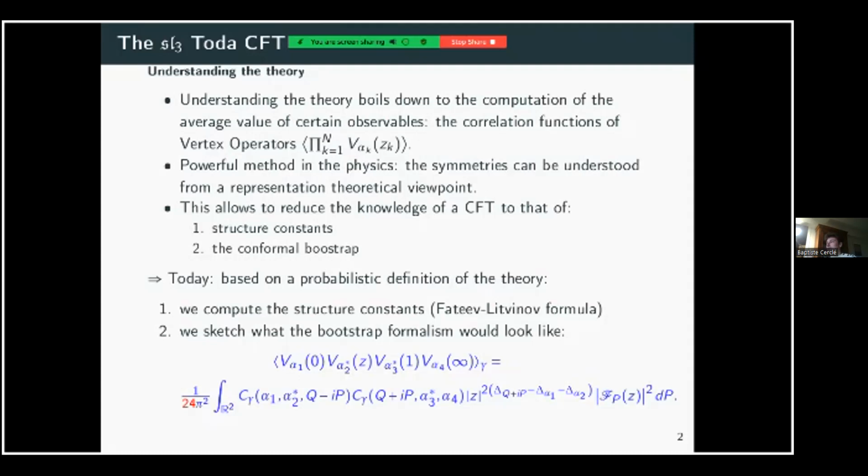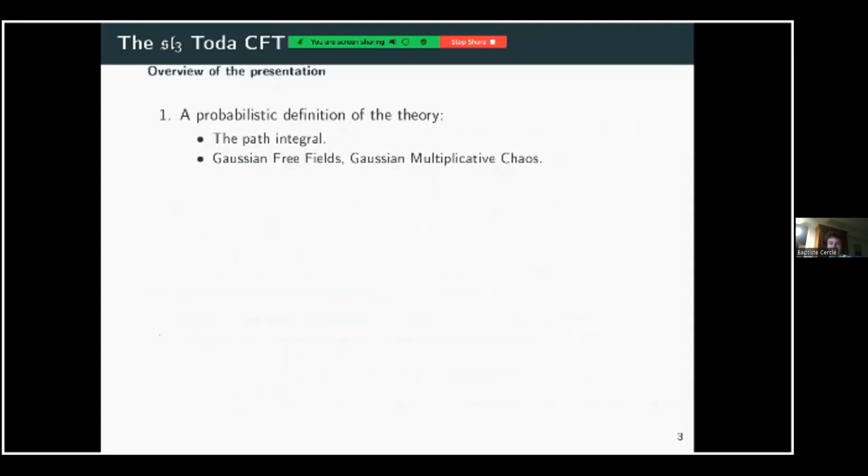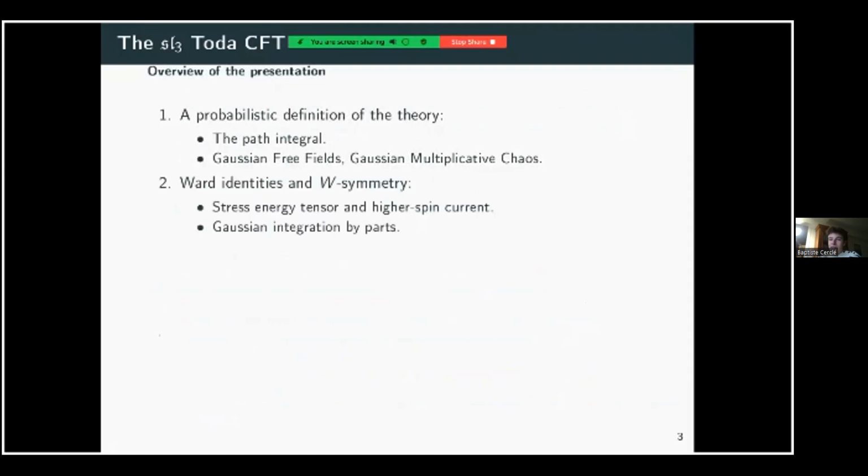So the plan of the presentation is as follows. First of all, I will explain something which you are a bit familiar with, I guess, by now, which is the path integral interpretation of the theory in terms of Gaussian field and Gaussian Multiplicative Chaos. And then I will explain how we can see the symmetry enjoyed by the model through the existence of Ward identities, which translate in probabilistic terms as Gaussian integration by parts, actually.